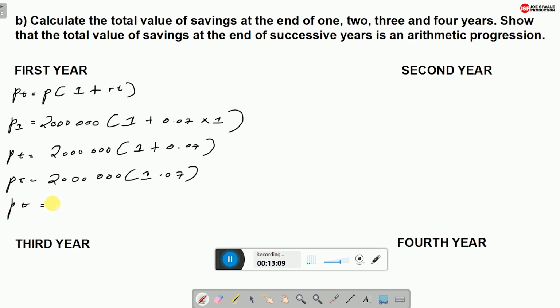Our answer is 2,140,000. So that's our future value in the first year.